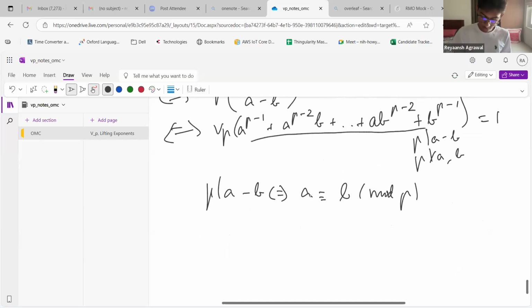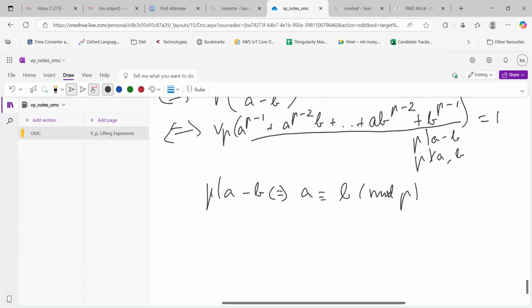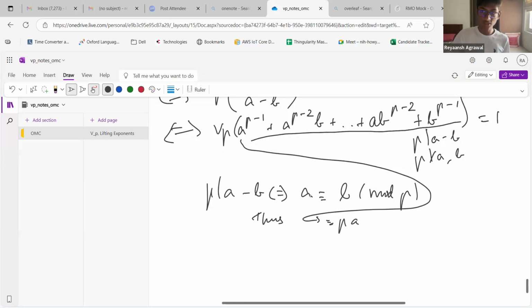So then what would this be mod P? There are P terms, so it would be P times A^(P-1).